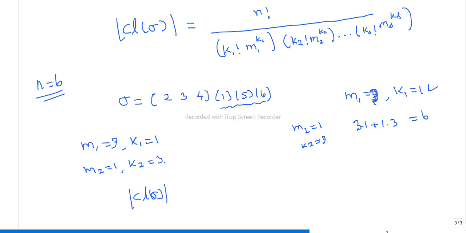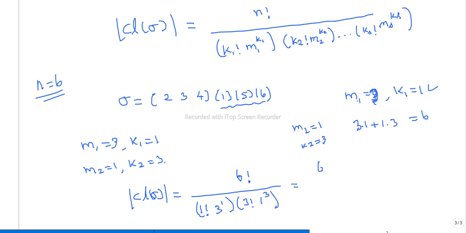So the size of CL of sigma equals 6 factorial divided by k1 factorial, that is 1 factorial, into m1 power k1, that is 3 power 1, into k2 factorial, that is 3 factorial, into m2 power k2, so 1 power 3, which is always 1.